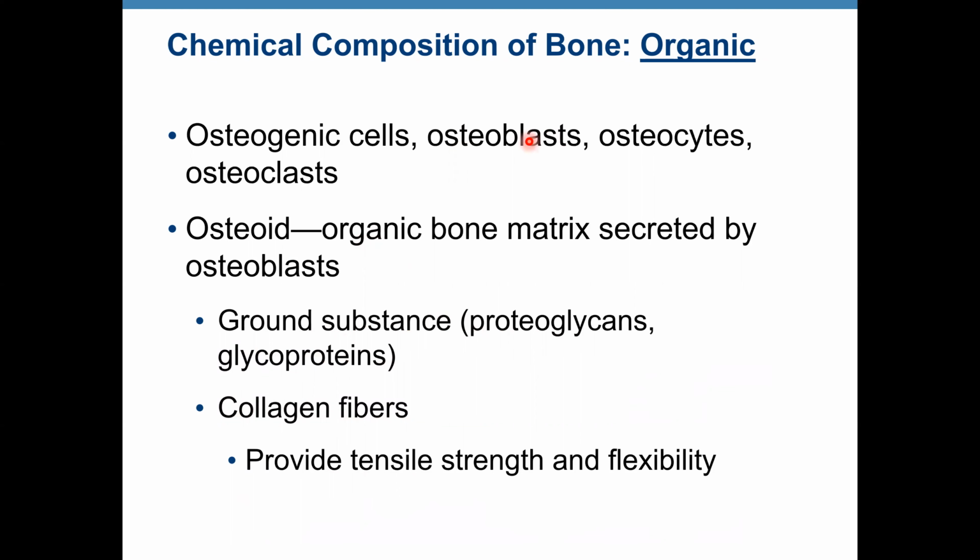Osteoblasts secrete osteoid. All these cells and osteoid are the organic part of a bone. Osteoid itself is made from ground substance and collagen fiber. So this is extracellular matrix. Osteoid is extracellular matrix. Ground substance is proteoglycans and glycoproteins, and fibers are collagen fibers.